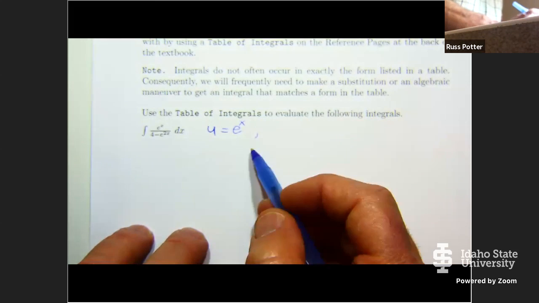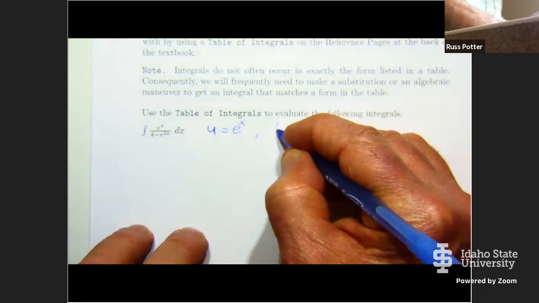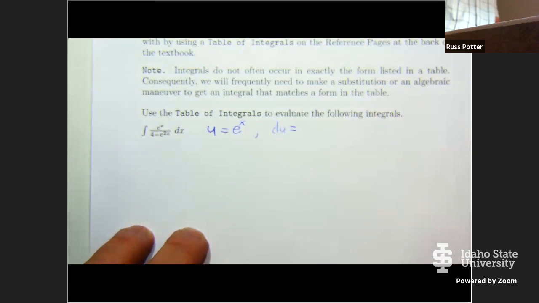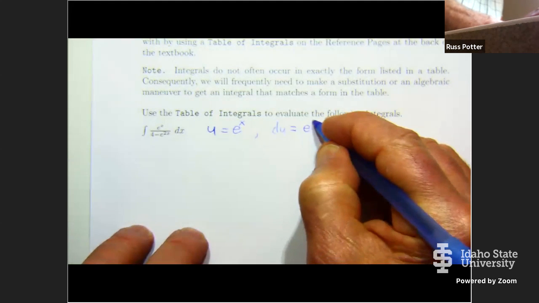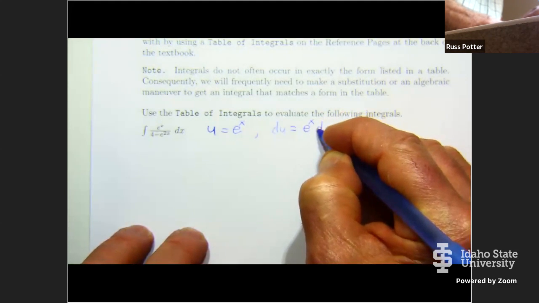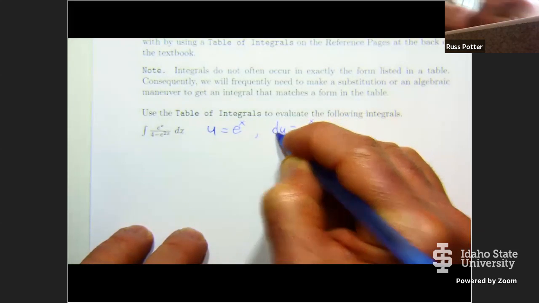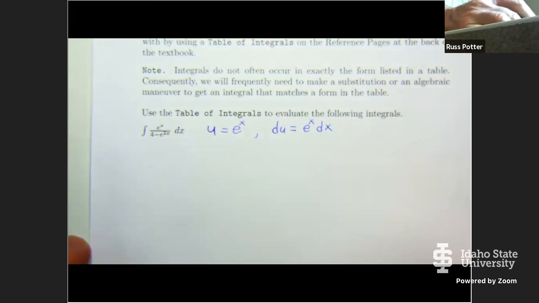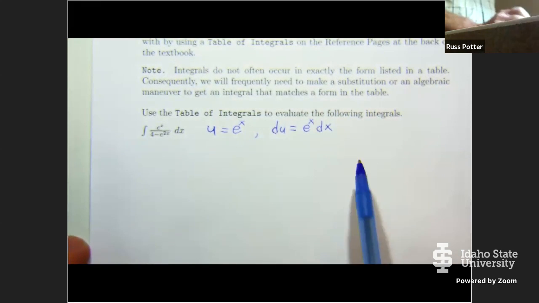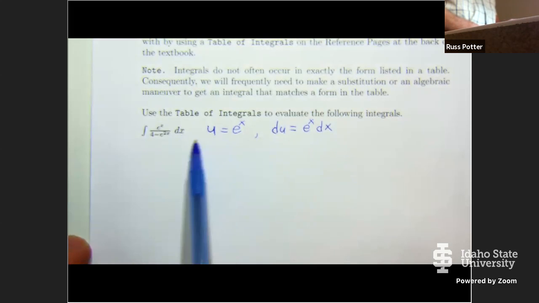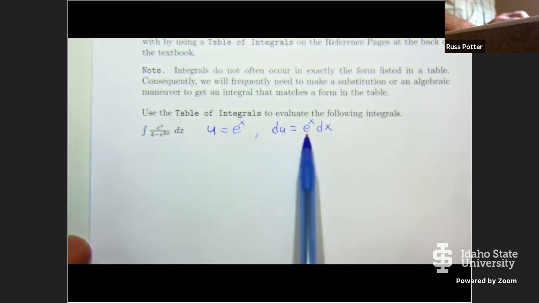If u is equal to e to the x, then du is equal to e to the x dx. So we want to solve for dx, and we also have the substitution for e to the x.